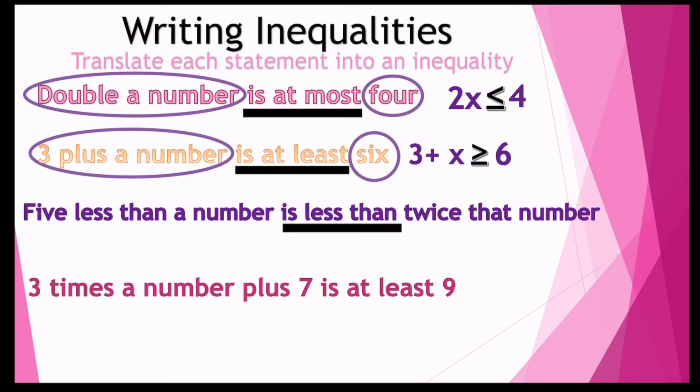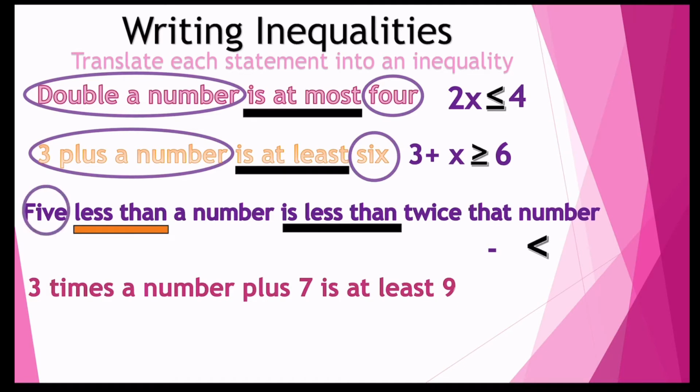Is less than. So I have this symbol. Now look at this. There's less than again, but it's 5 less than a number is less than twice that number. That's why I said be very careful with the less thans. So the orange one actually means subtraction.